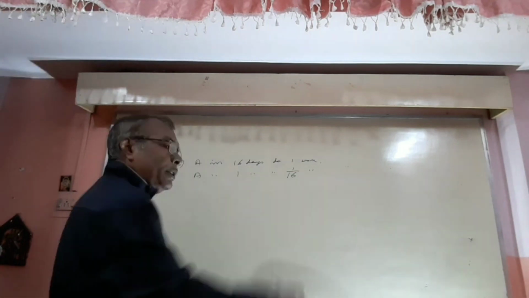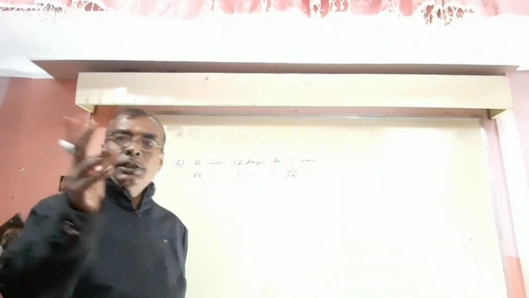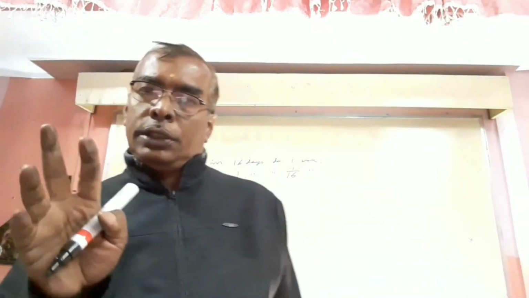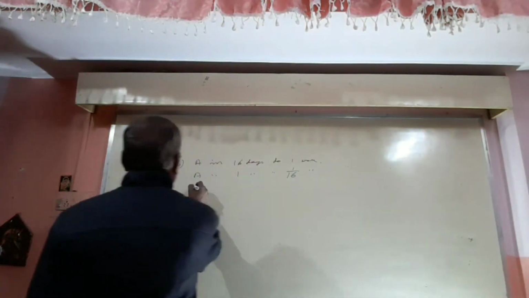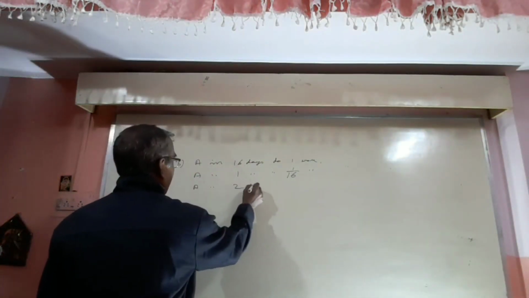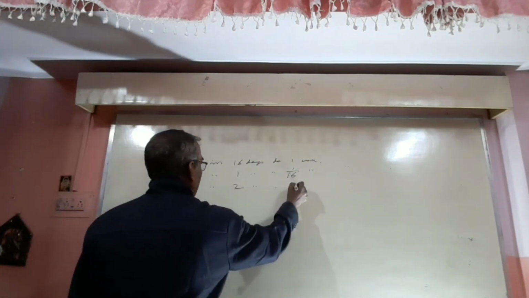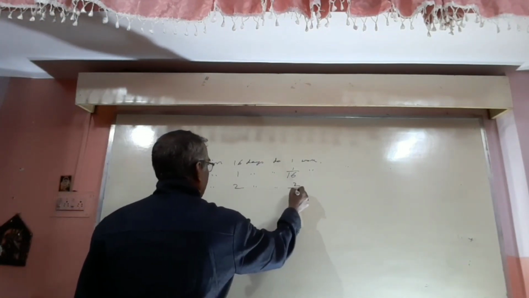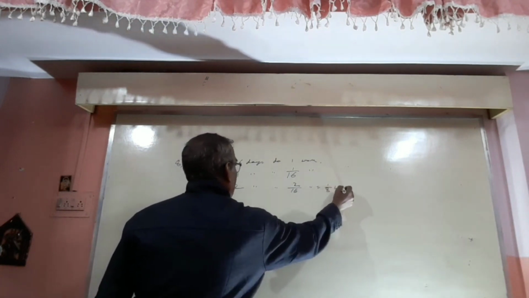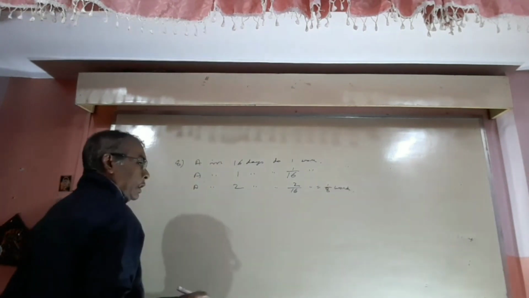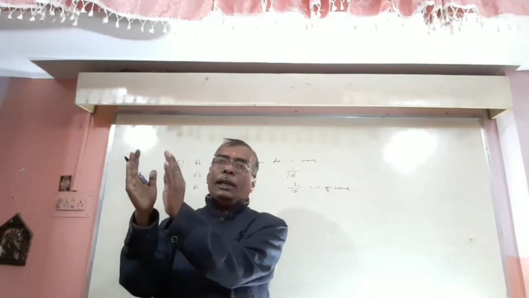Let us try to find out A's 2 days work, because he is actually in the beginning going to do 2 days work. Okay, 2 days he has actually finished some work. So A in 2 days, here it is division, so it will be multiplication, 2 by 16, which is equal to 1 by 8 work already finished. Out of 1 work, 1 by 8 work has been finished.